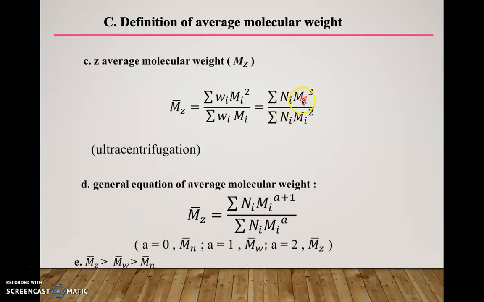So the numerator value is highest in Mz, a little lower in Mw, and then we have the number average molecular weight. You can easily come to this conclusion from these formulae.